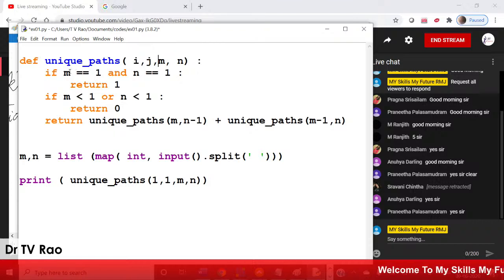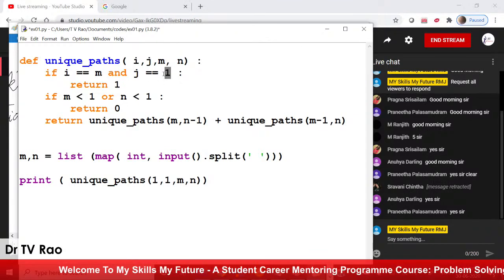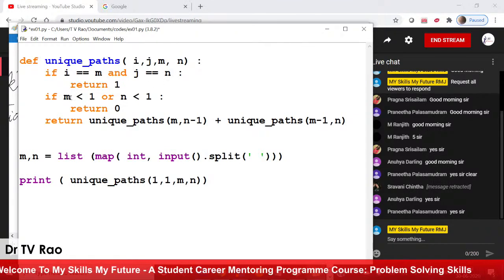Okay. Then if I equal to m, j equal to n, return 1. Okay.